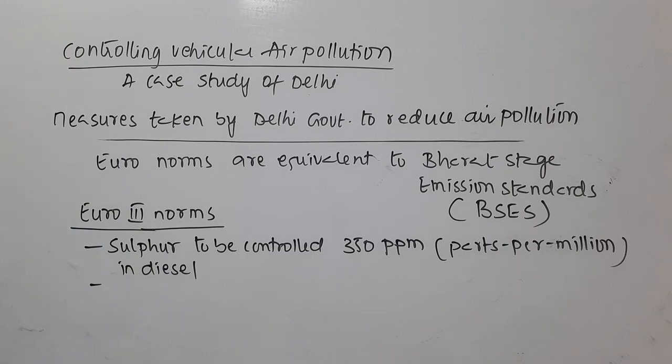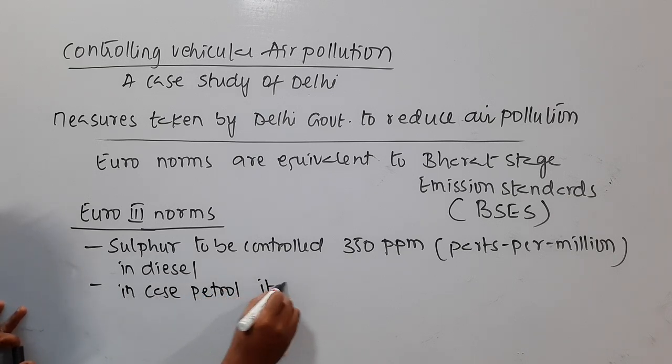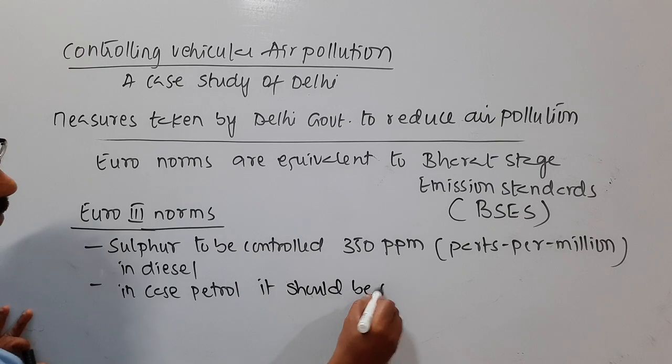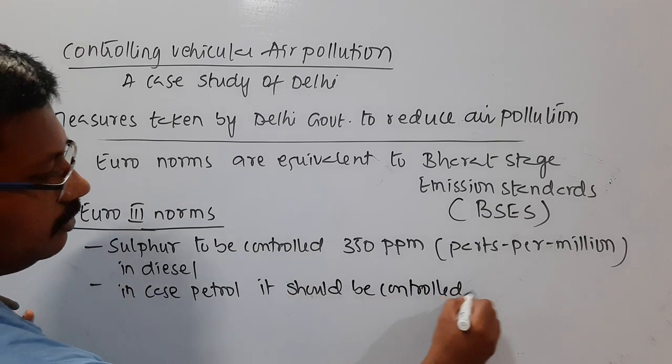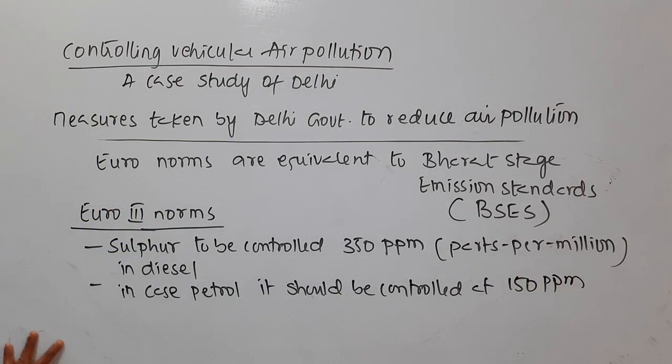And in case of petrol, it should be controlled at 150 ppm. The point here is to control sulfur, and stage by stage they want to reduce the sulfur content in petrol or diesel.